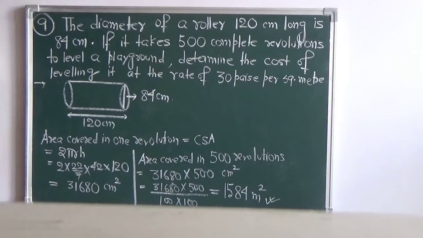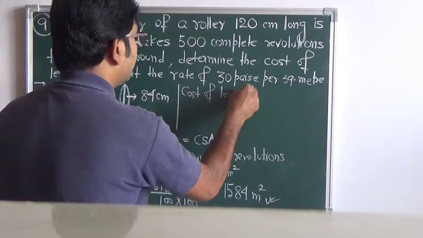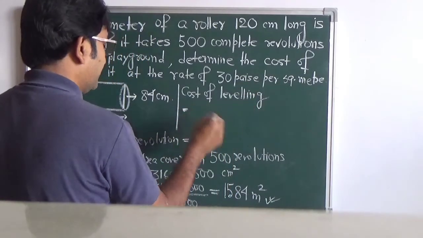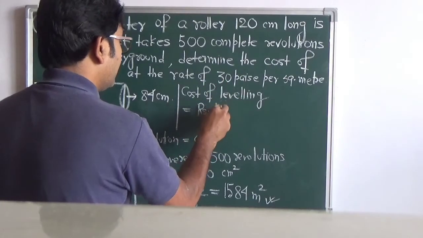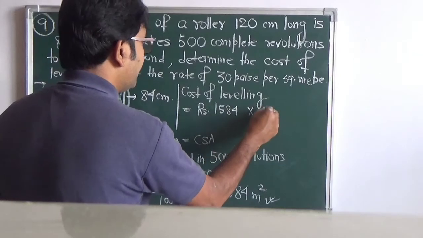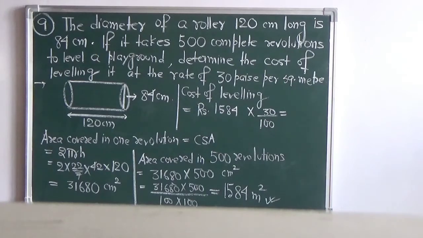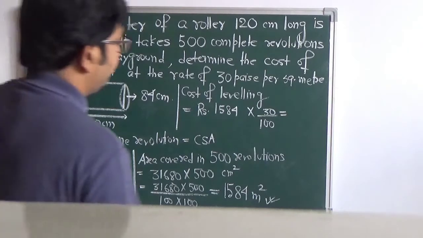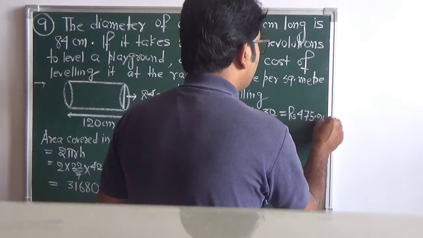Now we need to find the cost. Therefore, cost of leveling is equal to this area, 1584, multiplied by 30 paisa, so this is 30 by 100. Now calculate how much it is coming. It comes to rupees 475.20.